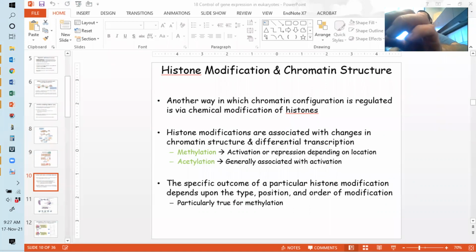Positive charge attracts the negatively charged DNA, equals tightly bound, inaccessible DNA.